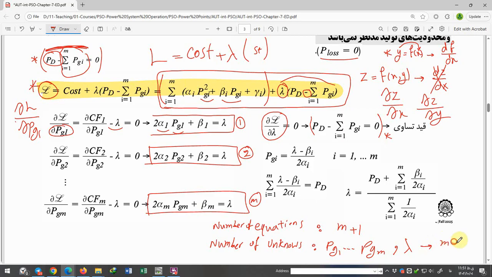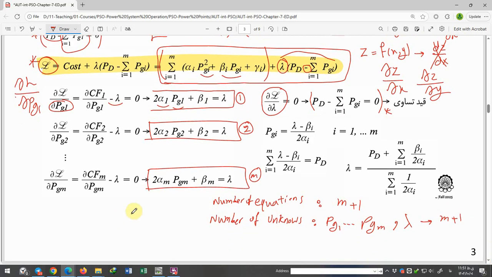This is m plus 1. So in mathematics we have m plus 1 equations and m plus 1 unknown parameters. In mathematics, this situation means that we can find a solution.